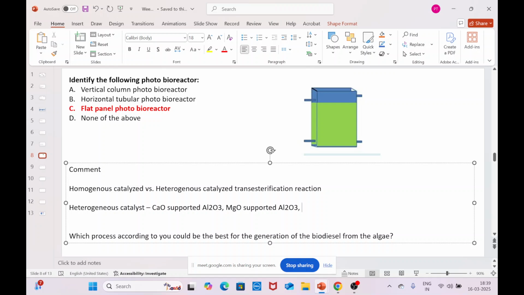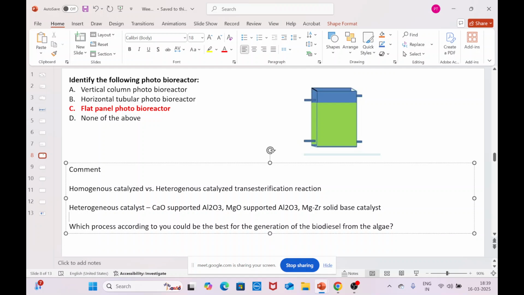And anything more? Magnesium, zirconium, yeah, zirconium solid base catalyst. So this is one thing. But apart from that, the question is, which process, according to you, could be the best for biodiesel production?